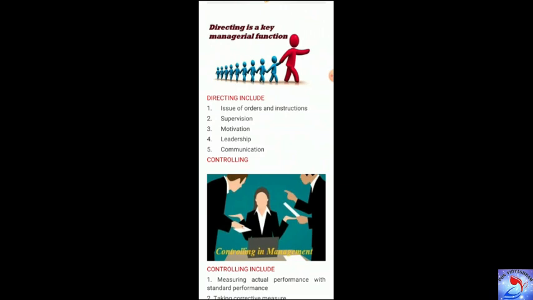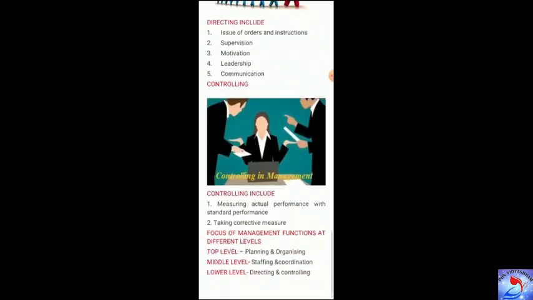We will move on with the last function of management, that is controlling. Controlling is a management function which monitors the performance of employees at all levels towards the accomplishment of organizational goals. That means at each level you have to see that the plans are going as planned by the top management.